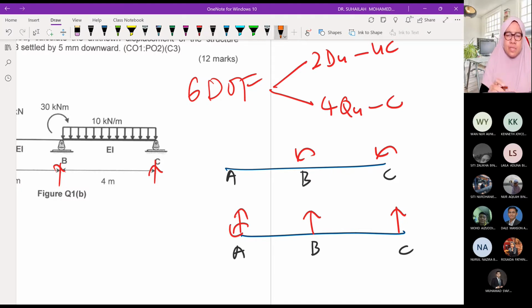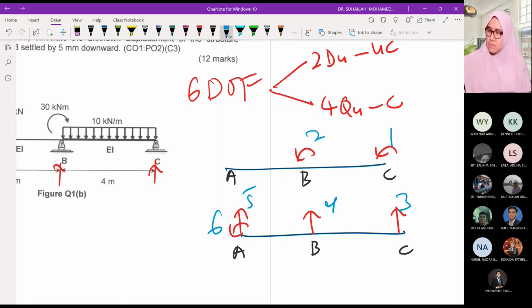Let's say we label this 1, 2, 3, 4, 5, 6.